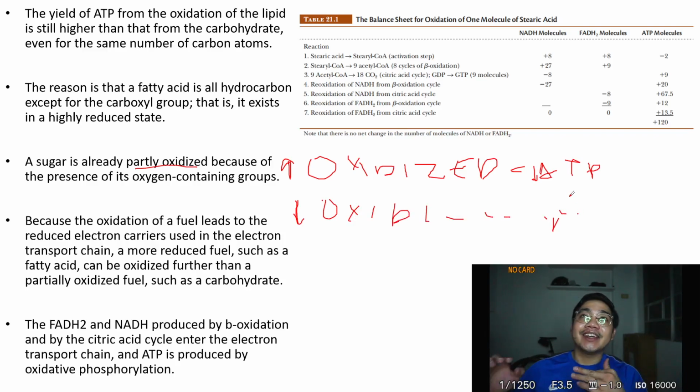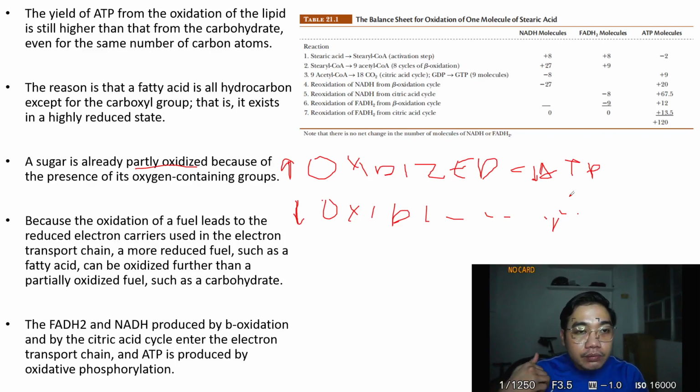So meaning, if the reaction pertains to oxidizing before it can produce ATP, and the molecule is very reduced as your raw material, you have more opportunities to oxidize.